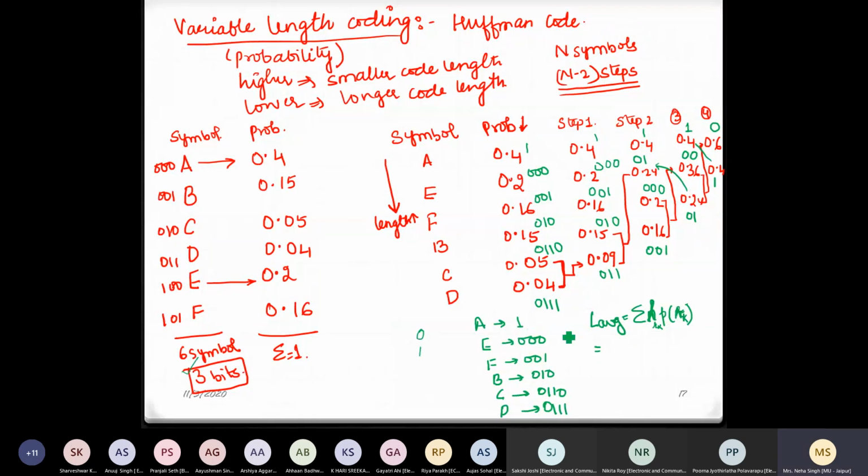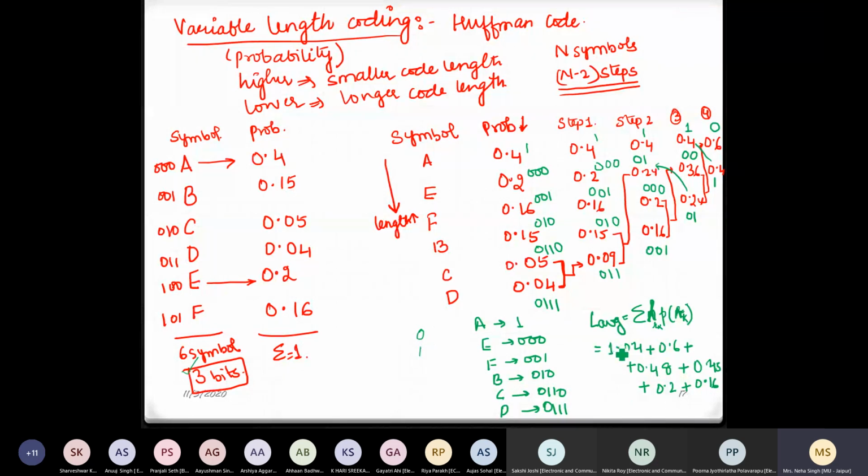So what is the length here? That is 1 multiplied by the probability, which is 0.4, plus the length is 3 multiplied by 0.2, so 0.6, plus again the length is 3 multiplied by 0.16, so 0.48, 0.15 into 3, 0.45. Now 0.05, that is only 0.2, plus 4 into 0.04, that is 0.16.